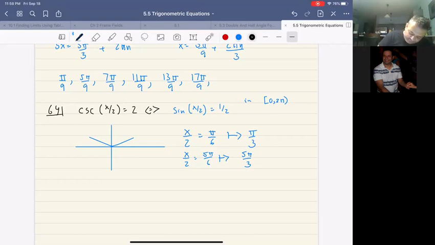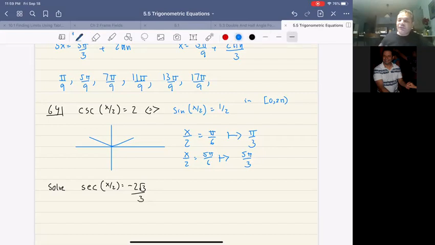We're going to solve secant of x over 2 equals -2 square root of 3 over 2. Sorry, that should have been over 3. I knew something was wrong.